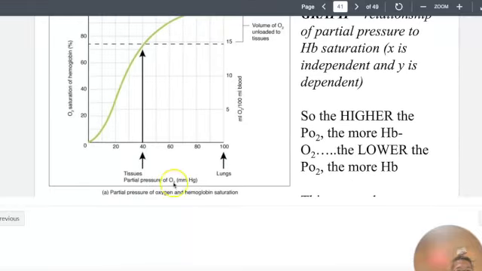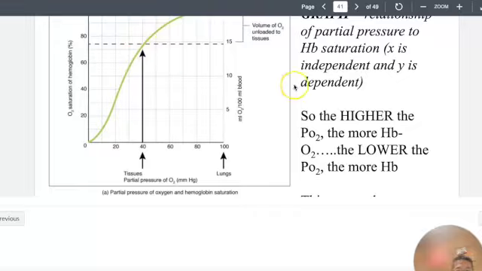So partial pressure of oxygen starts with 0. Here is the oxygen saturation. Normally it would be like a straight line like this. But here you can see, as more oxygen is accumulated in the red blood cells, the more it wants.